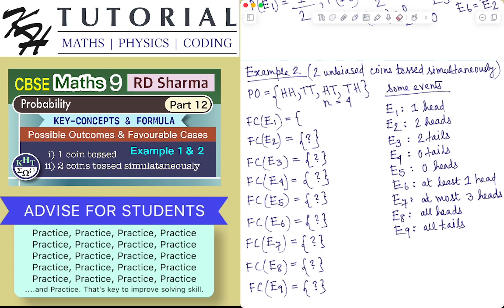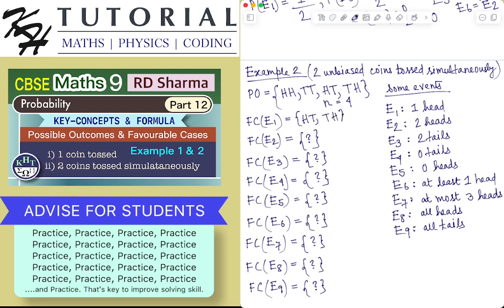Event E1 means one head. You see all the possible outcomes that satisfy the event E1, that is one head. Head head is not satisfying one head because it has two heads. Clearly we can say the possible outcomes which are satisfying the event E1 are head tail and tail head.